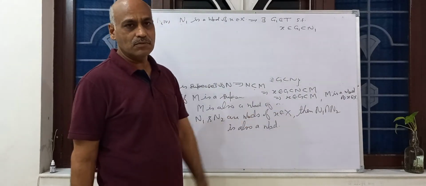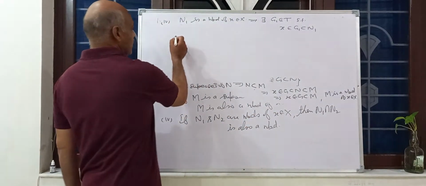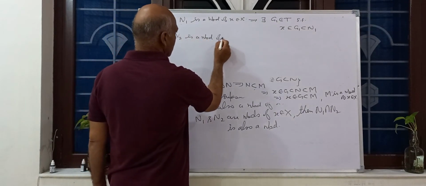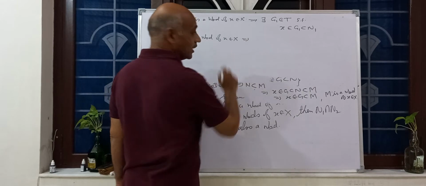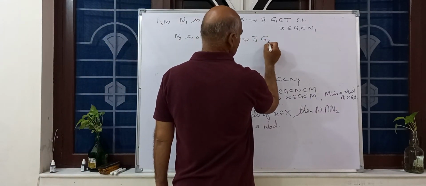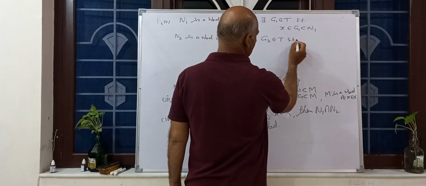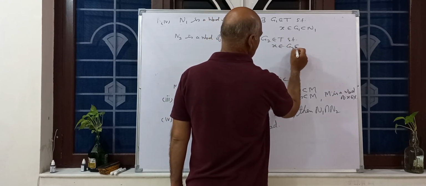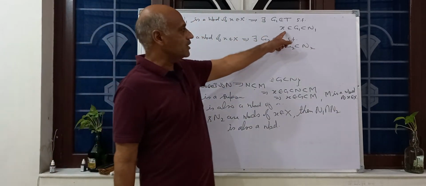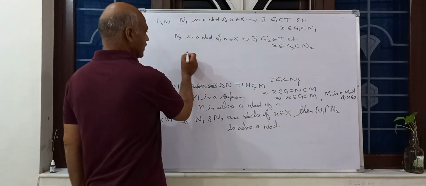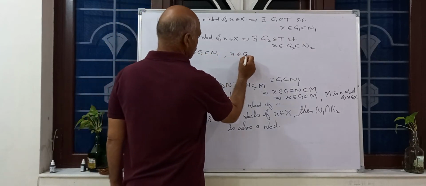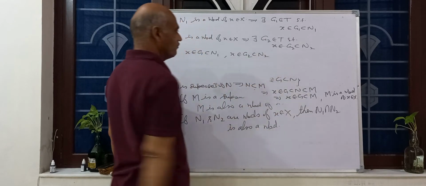Now N2 is a neighborhood of x belongs to X, same element. Then there exists G2 belongs to T such that x belongs to G2 subset of N2. So x belongs to G1 subset of N1, and x belongs to G2 subset of N2.